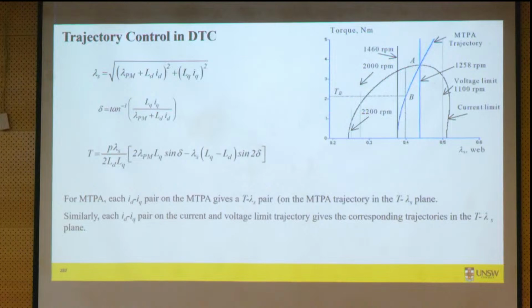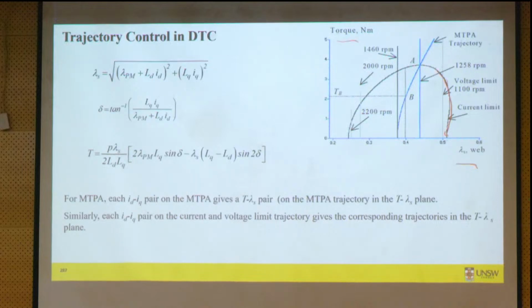Using DTC, we can also do the MTPA trajectory, but then the MTPA trajectory becomes in the plane of torque versus flux linkage. We can also have a current limit circle. So you can see here the current limit is here.